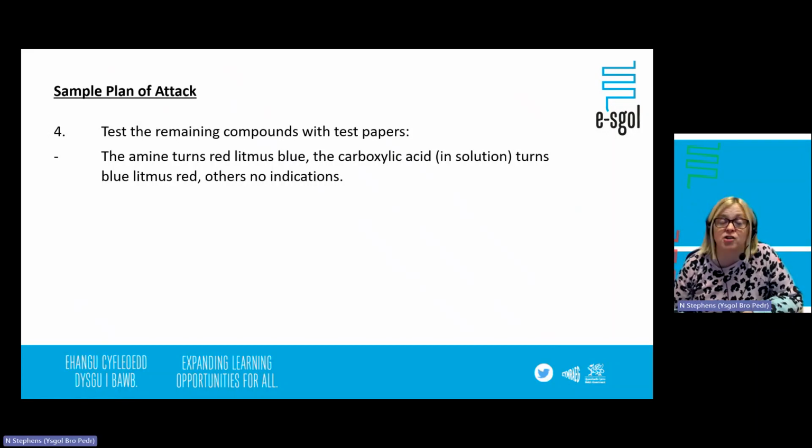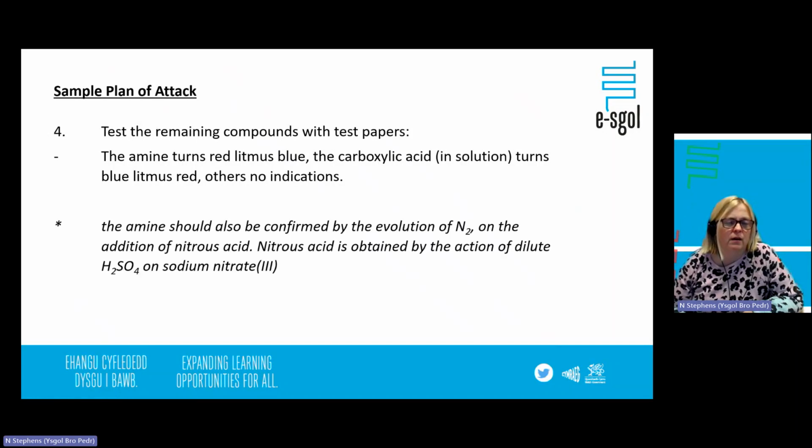Now, try backing physical tests like test papers or states with some chemical confirmation as well. So I would say that for the amine, you should then go to the next step and confirm the amine is as suspected by reacting it to evolve nitrogen. If you add nitrous acid, which can be produced, of course, by reacting sodium nitrate(III) with dilute sulfuric acid, both of which were allowed reagents for you, it should then produce nitrous acid, which evolves nitrogen with an amine.